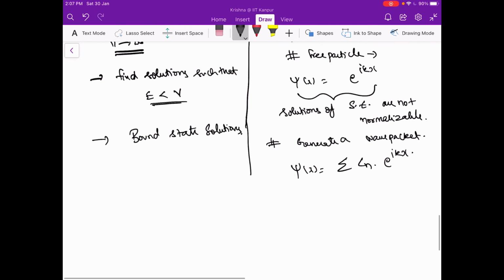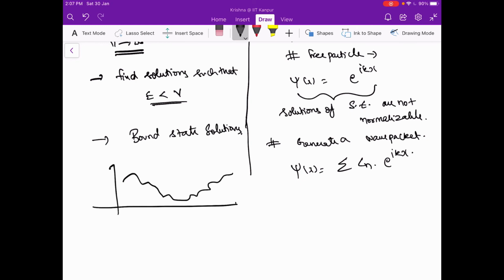So whatever be the shape of the potential, you can have some crazy shapes, right? It does not have to be a nice looking harmonic oscillator potential, but as x tends to plus or minus infinity, if the potential goes to infinity, you can always have some energy level E lower than the potential V at infinity, right?